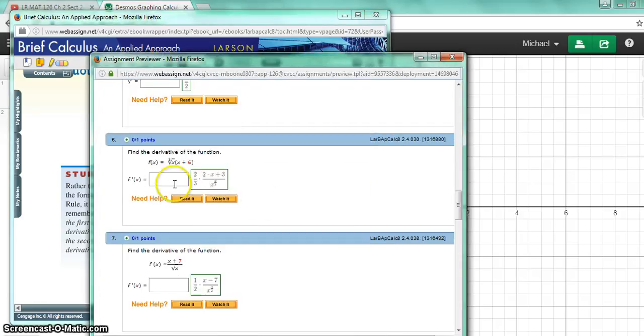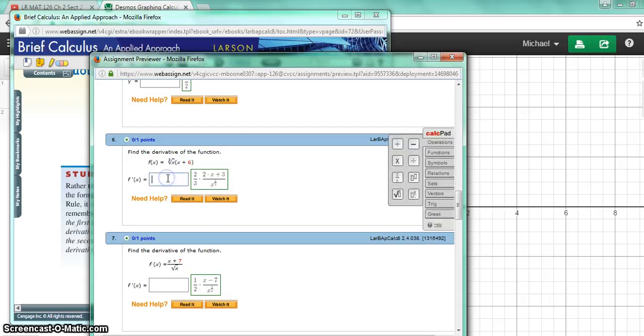So looking at something like number 6, this one doesn't have to be done with the product rule because we could actually distribute this, but it also can be done with the product rule. Again, the cube root of x is just x to the 1/3.